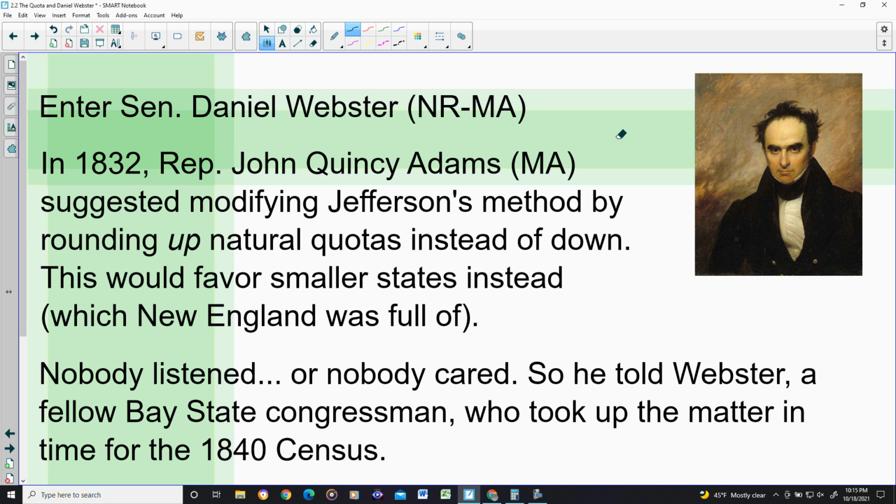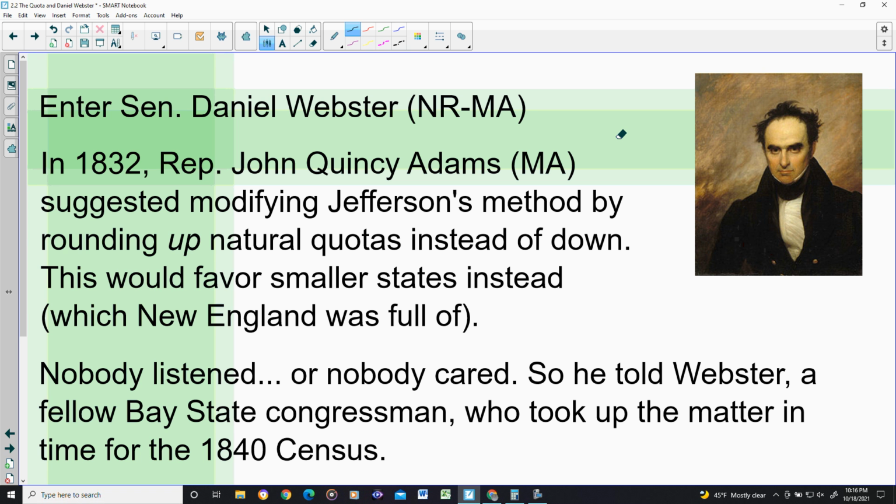He steps in. Representative John Quincy Adams, who is the former president, the only former president, mind you, to go from the presidency to the House of Representatives, he suggests modifying Jefferson's method by rounding everything up instead of down. That would have the reverse effect by favoring small states.